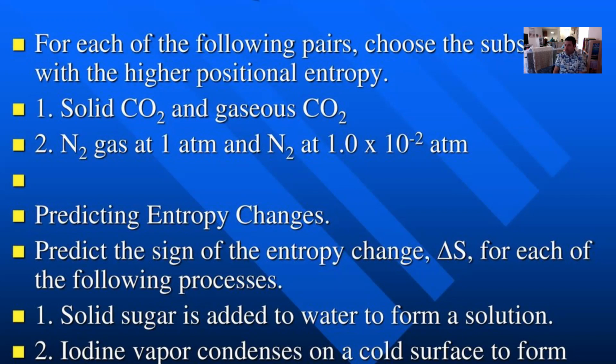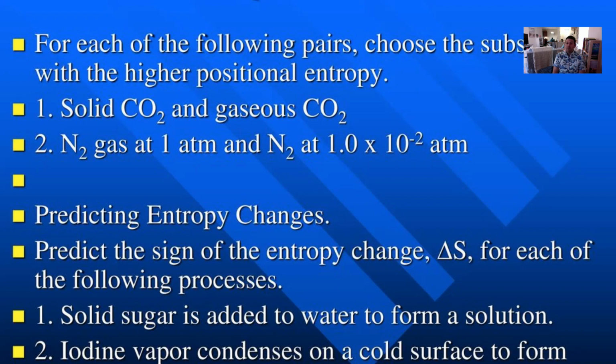Now predicting entropy changes. Predict the sign of the entropy change, delta S, for each of the following processes. Solid sugar is added to water to form a solution. So our initial entropy is the solid sugar, packed close together, not that much disorder.